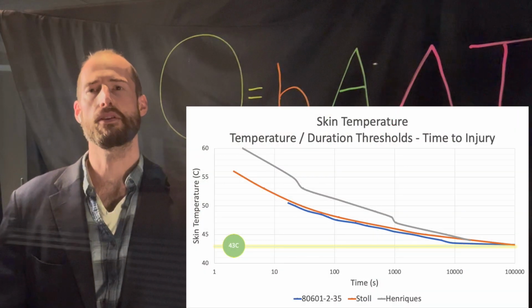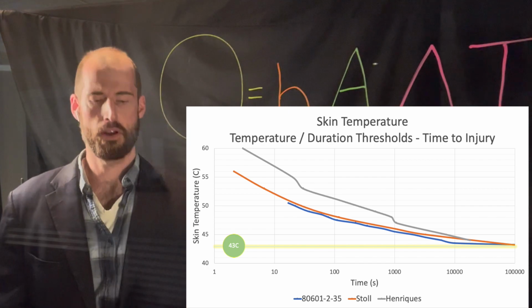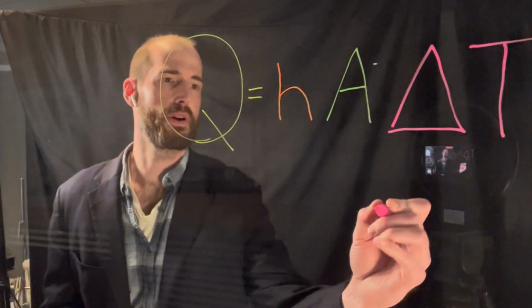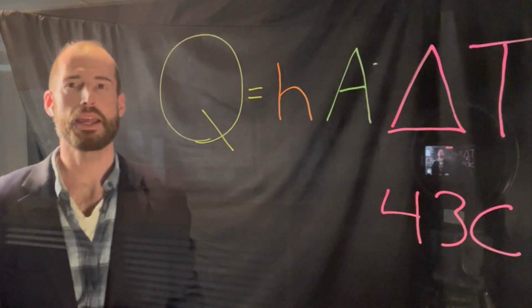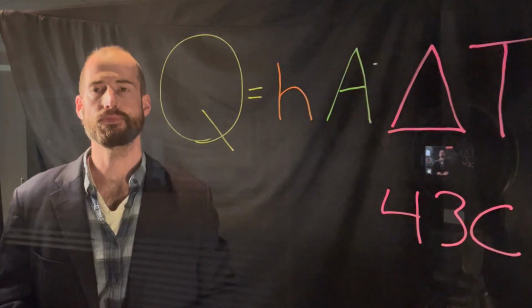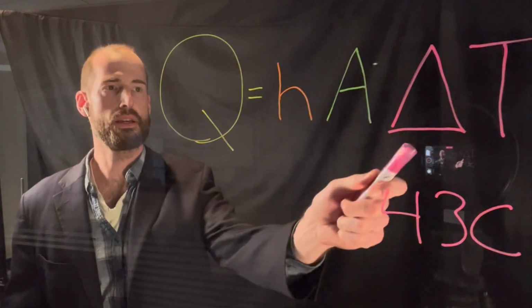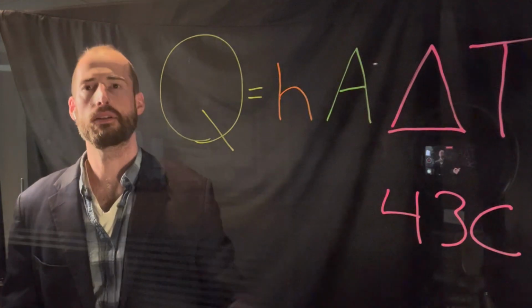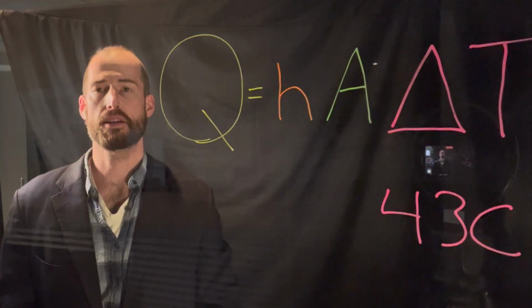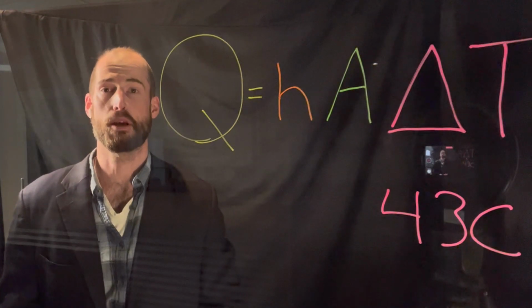It's represented by the Stoll-Henriques model, where patients can handle 43 centigrade, and they can handle that indefinitely without any kind of thermal injury. So delta T, in a sense, is bounded, where you have one object, the patient warming system, maximized at 43 C, and you've got the patient's temperature.